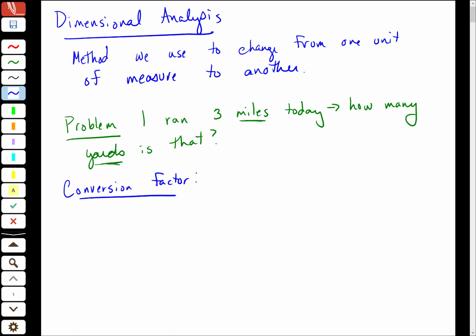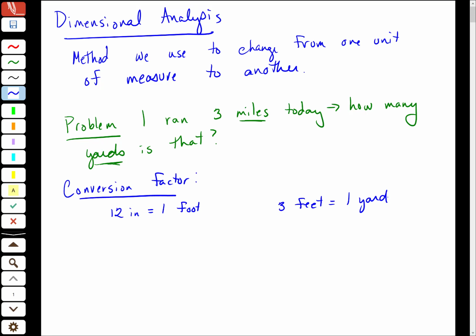Some common examples would be things like 12 inches is the same thing as 1 foot, or that 3 feet is the same thing as 1 yard. These are two very common conversion factors, right?